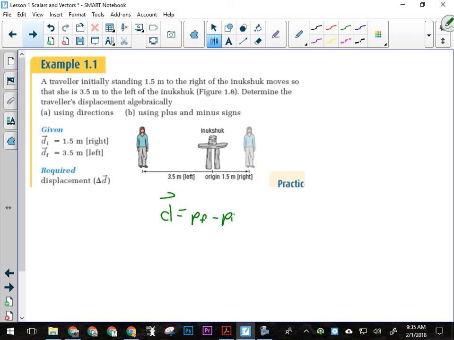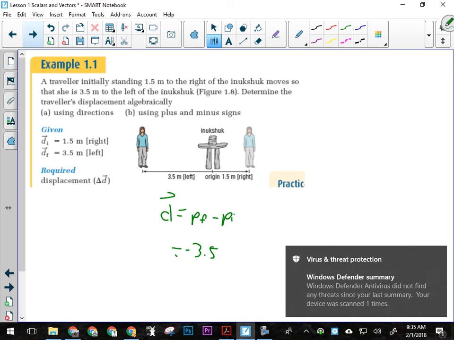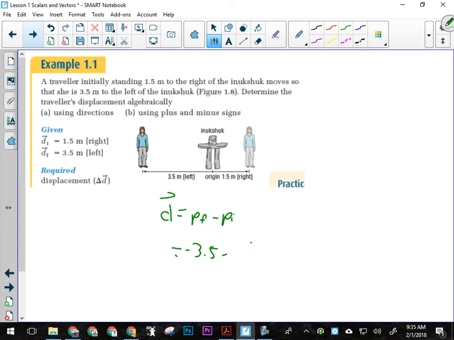So we use a lot of positives and negatives when we're talking about direction. So their final position is negative 3.5 meters, and their initial position is positive 1.5 meters. So negative 3.5 minus positive 1.5 should be negative 4.5 meters.